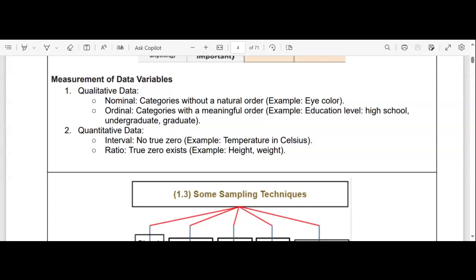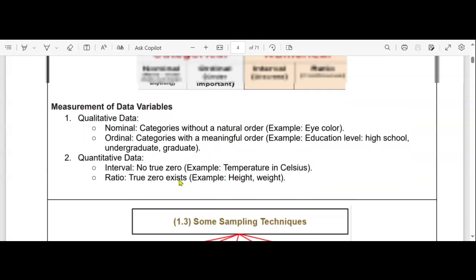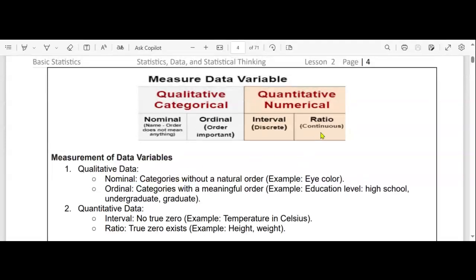Ratio, you have decimals. You have continuation. That's what you call it. I wrote down here continuous. See the continuous? If I say, how many brothers and sisters do you have? Is it going to be interval or ratio? Interval, correct.